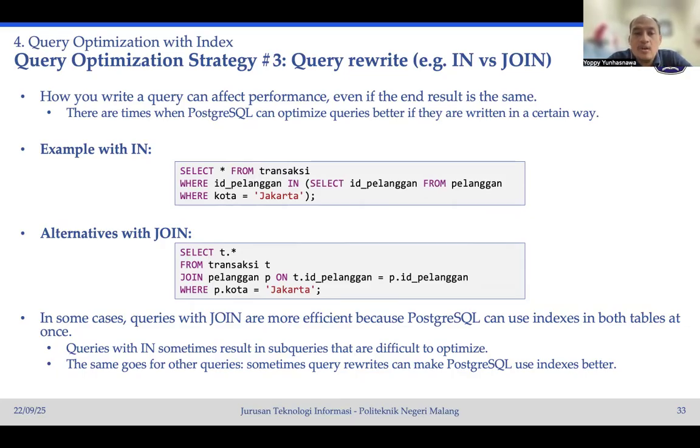So for example, when you have a query that is initially written with in syntax, in order to maximize the benefits of the index, you need to rewrite it using join syntax. This is one of the most popular examples of an optimization strategy in writing queries.